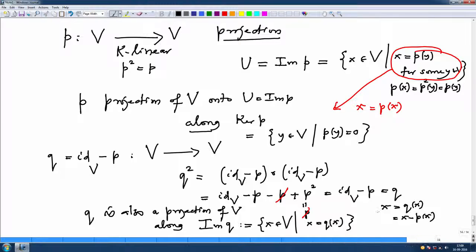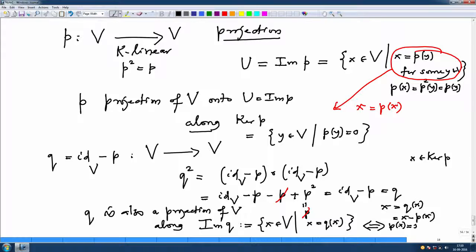So you cancel x from here. So you will get this is equivalent to saying P of x is 0, but that is equivalent to saying x is in the kernel. So this image Q is nothing but the kernel P.